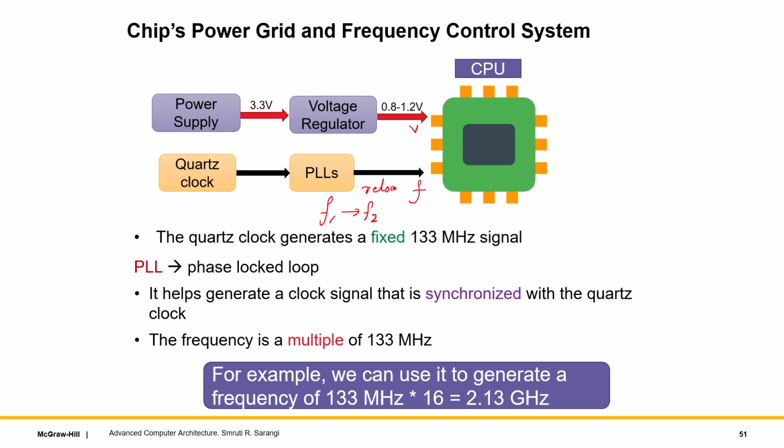Relock means that it will temporarily stop, then try to generate the new frequency. This process will take several adjustments. Finally, the PLL will converge or lock to a frequency, and then keep generating that frequency. But during this time, the chip is unusable. This is known as the PLL locking time, and the PLL is known as a phase lock loop.